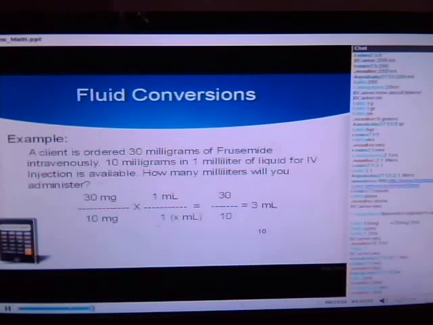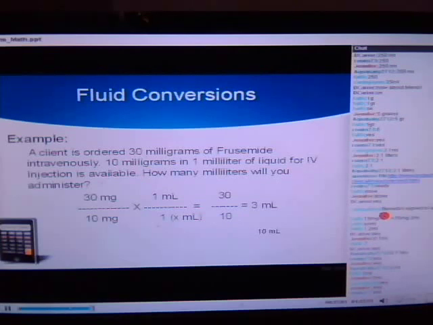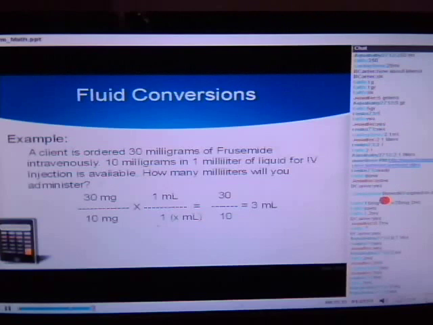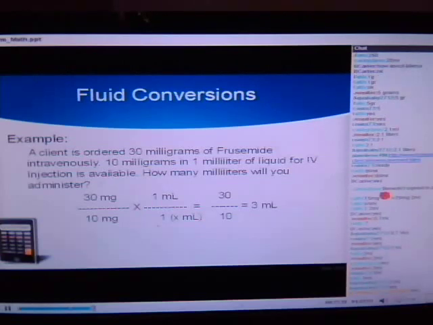How many milliliters will you administer? We know that 10 mgs is 1 mL. Okay, good. I'm not even going to finish because I think we're all getting the hang of it, right? Good, 3 milliliters. Very good.